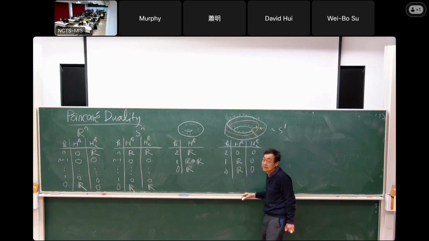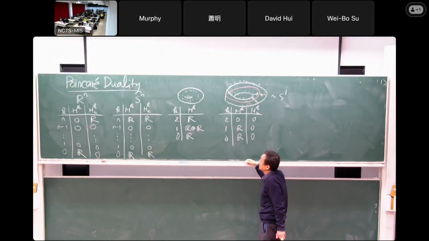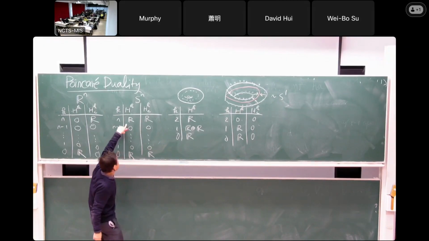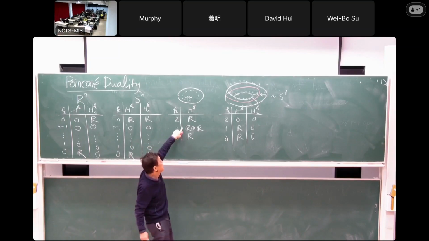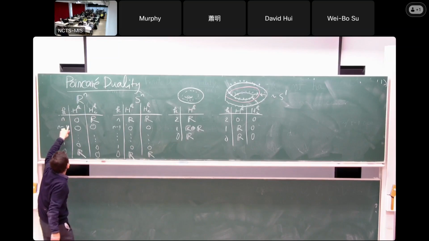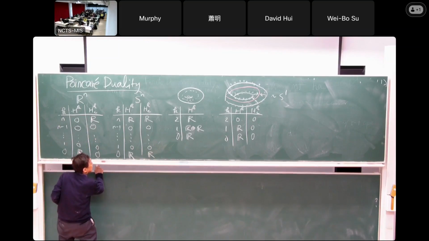Right. Now, if you look at these examples, you see that this has an upside down symmetry. So does this. R^n doesn't, but it has an upside down symmetry if you compare it with cohomology with compact support.